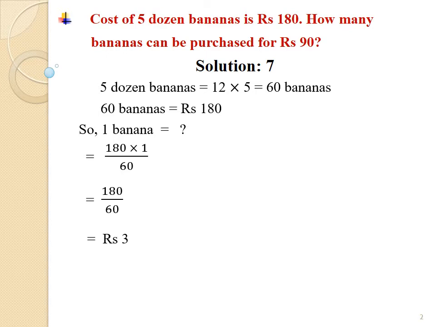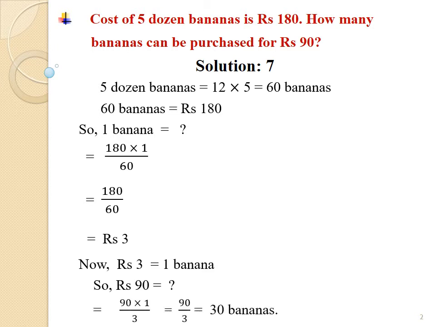Now, let us find out the number of bananas which can be purchased for rupees 90. Rupees 3 equals 1 banana. So, rupees 90 equals how much? By cross multiplying, we get 90 multiplied by 1 upon 3.